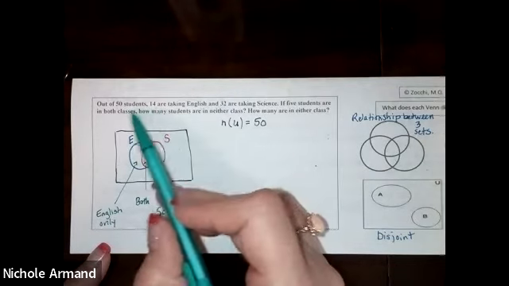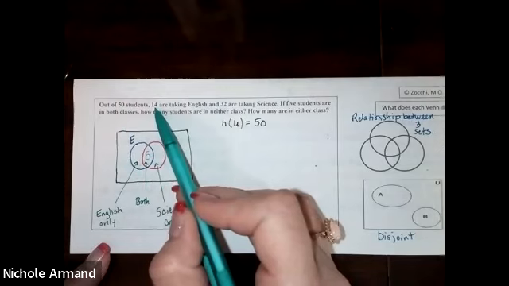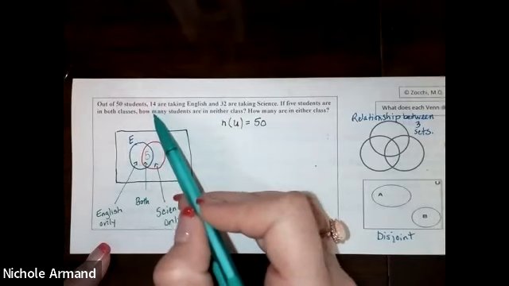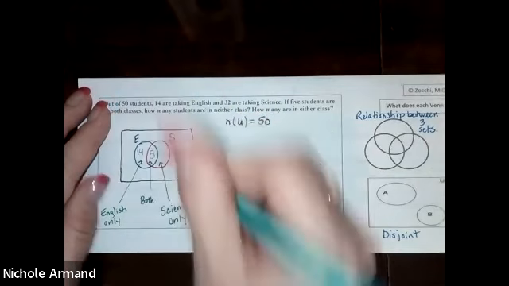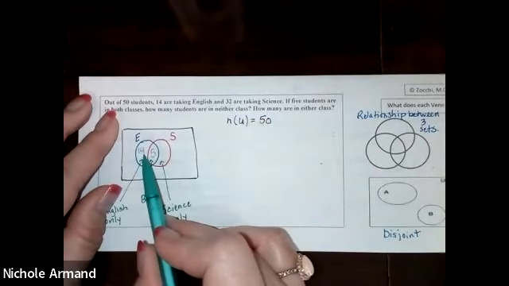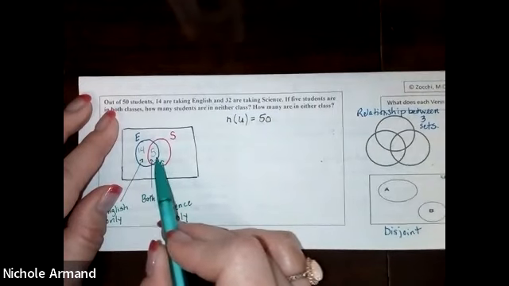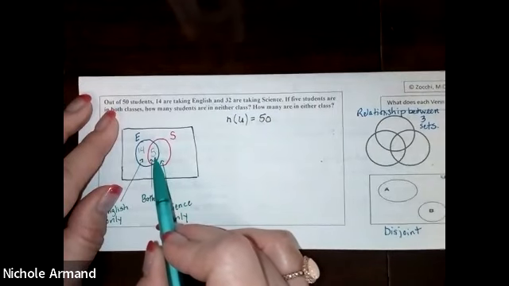Now, it says out of 50 students, 14 are taking English, but I can't just write the 14 right here, because the 14 that are taking English also includes the 5 that are taking science as well.